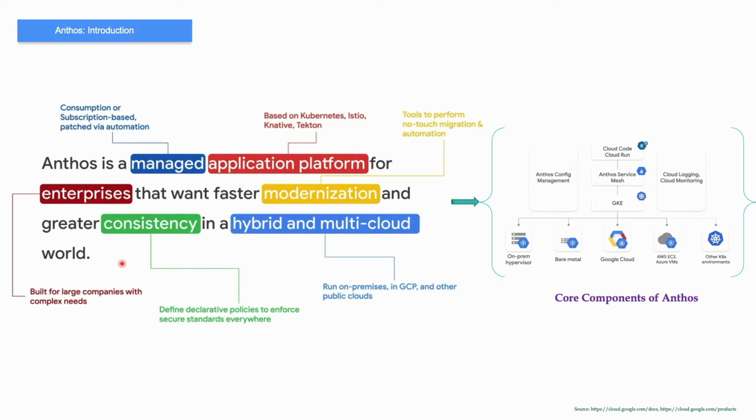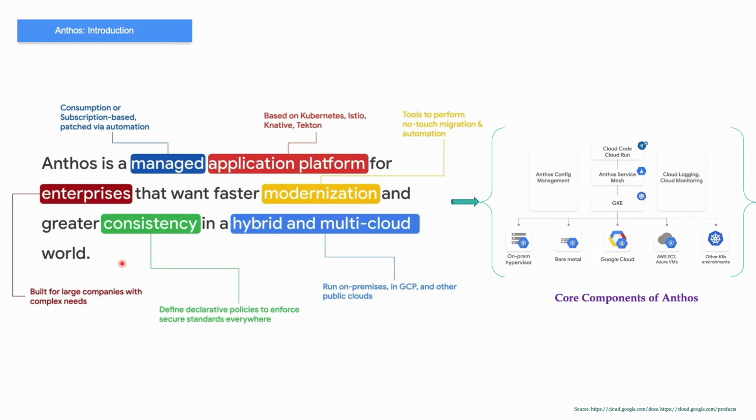So Anthos is an effort, an industry leading effort from Google, to try to build that unified layer across all the cloud platforms and the on-premise world, to have one way of deploying an application.